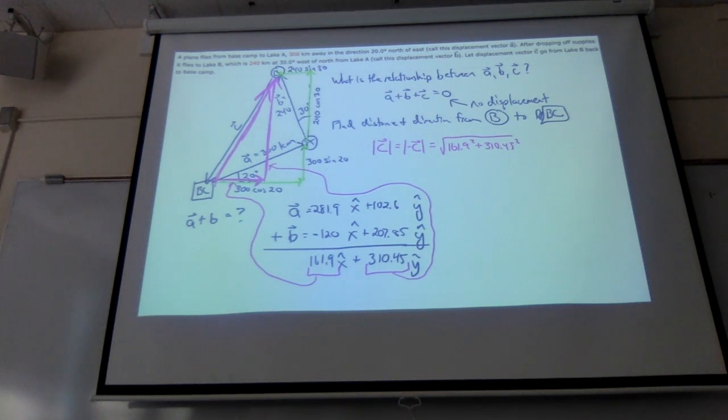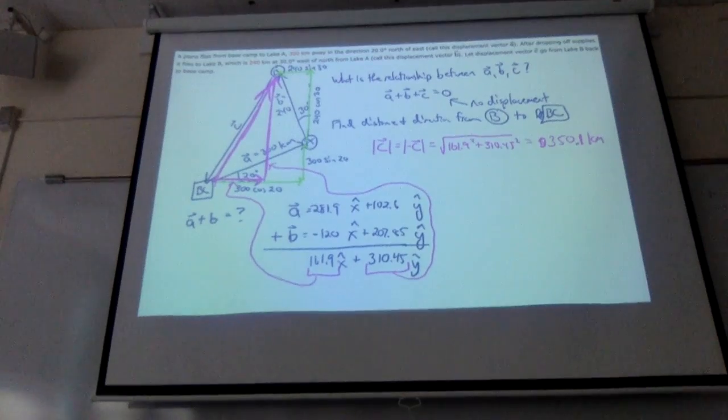I got 350.12. Should we round it? 350.1 should be good enough. 350, not kilograms, kilometers. There we go.